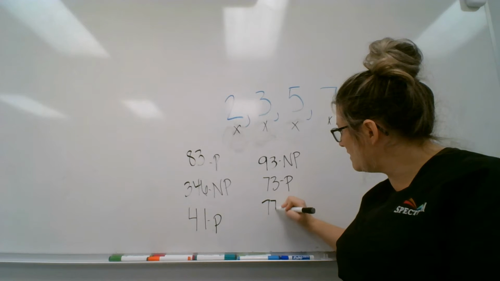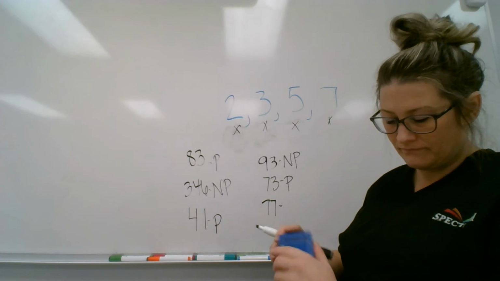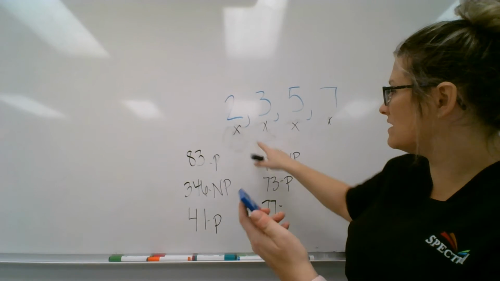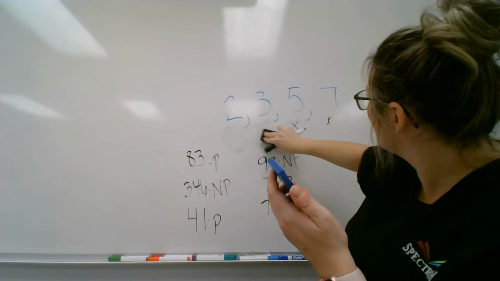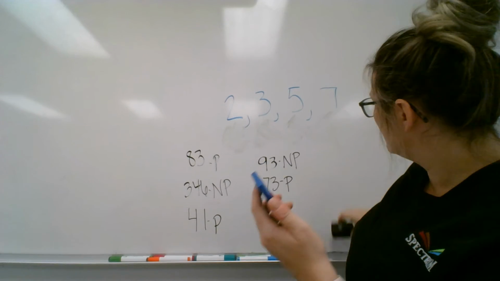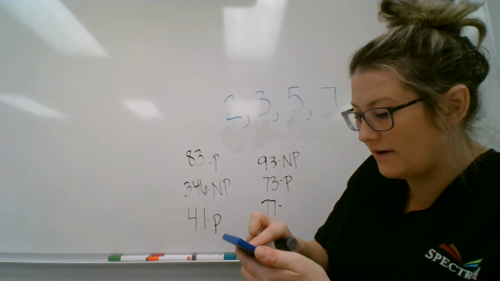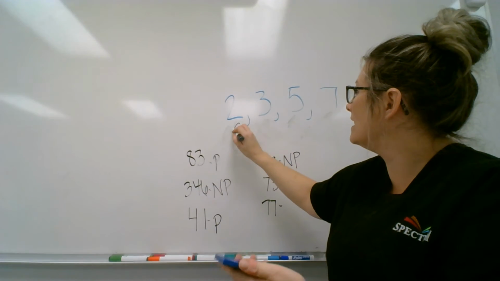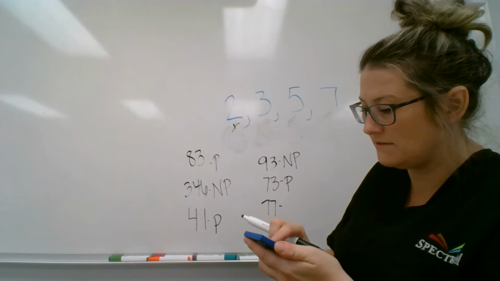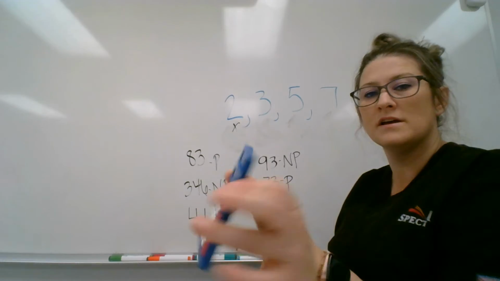Do one more. 77. 77 divided by 2. Ooh, let me get my X's out of there. All right. 77 divided by 2 equals 38.5. X. 77 divided by 3 equals 25.6.